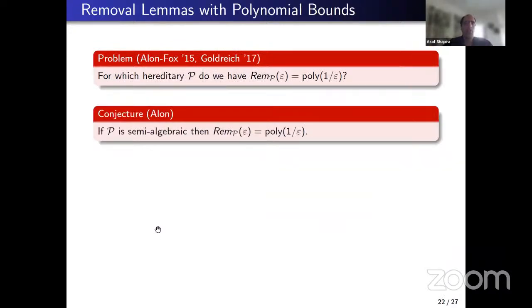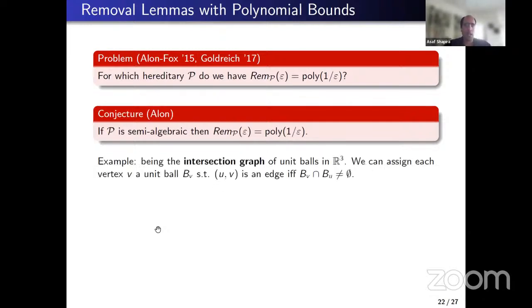Now, continuing with this theme, Alon also conjectured that every semi-algebraic graph property has a removal lemma with polynomial bounds. I will not define what semi-algebraic graph properties are, but I will just mention that an important subclass of these properties are what are called geometric intersection graph properties.